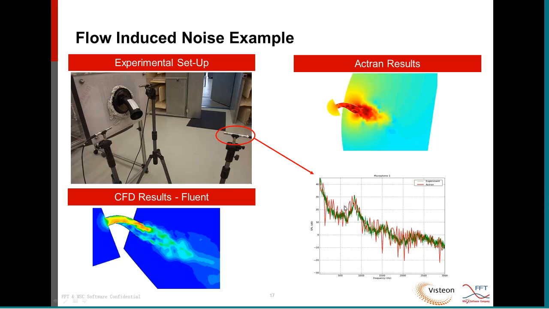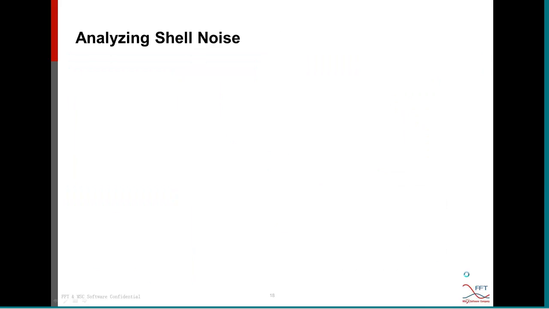As we can see here, we get almost perfect correlation between the measurement at this microphone position and the simulation. The frequency range is from 0 to 3000 hertz. Okay, so that was the topic of pipe noise.